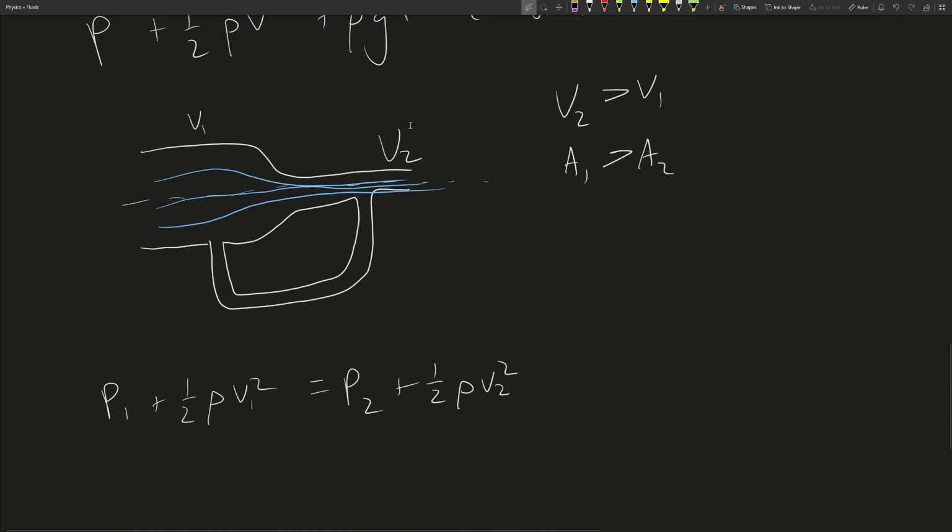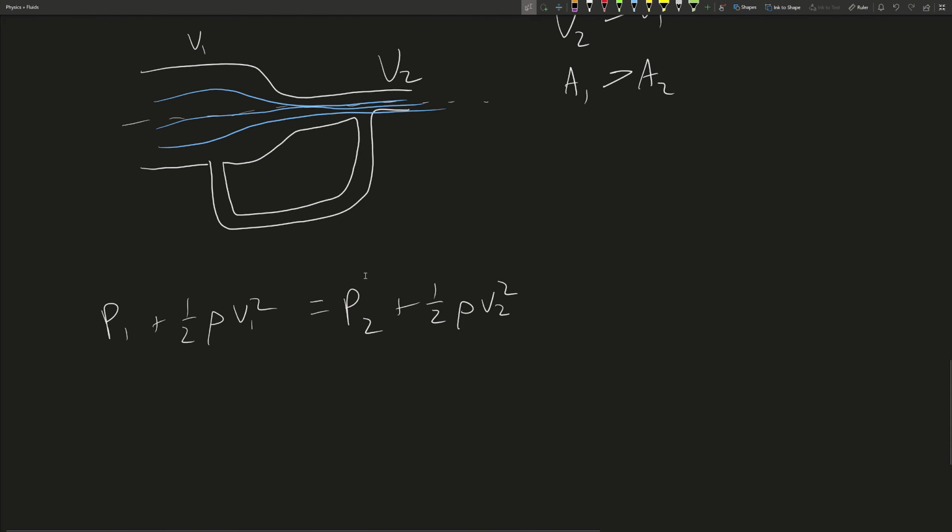We know that since velocity is greater, this term here is greater than this term, which means that if this term increases, then this term here has to decrease in order for this to remain constant. So we know that as velocity increases, pressure has to decrease.